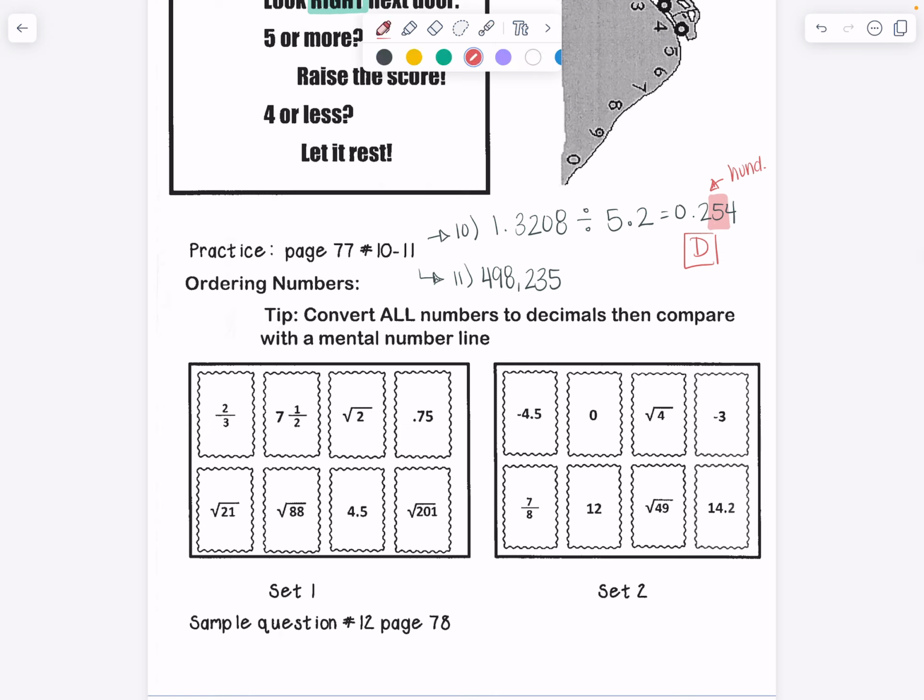So I've got ones, tens, hundreds, thousands. That's the number I'm rounding. And in order to round it, I'm going to look to the number right next door. That thing is 4 or less, so I'm going to let it rest. So this is going to round off to 498,000. And that is letter A.